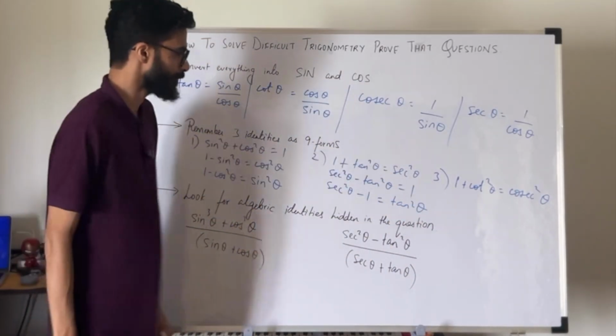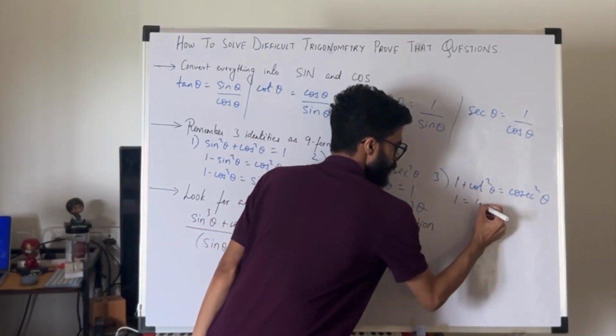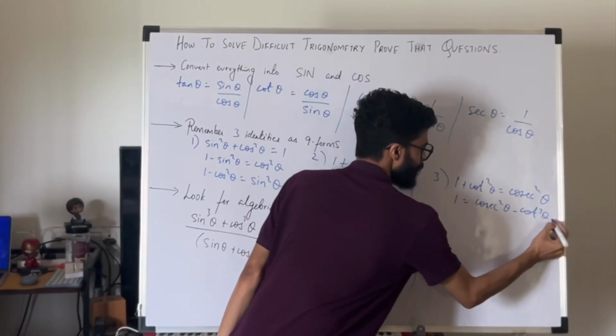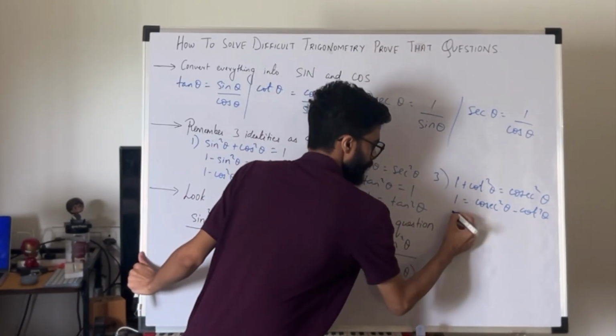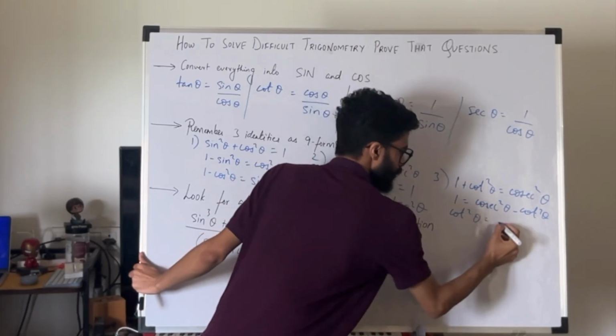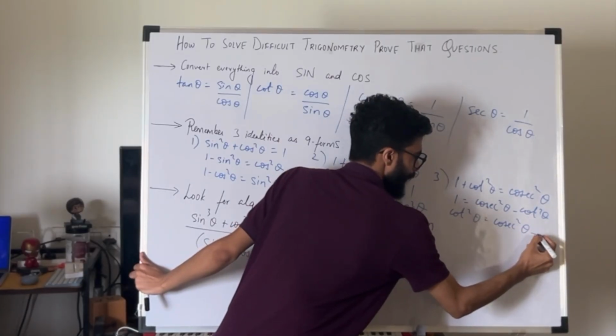For the third one, I can write 1 is equal to cosec square theta minus cot square theta. I can also write cot square theta is equal to cosec square theta minus 1.